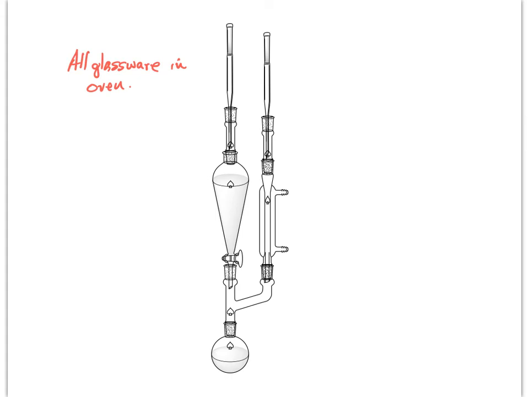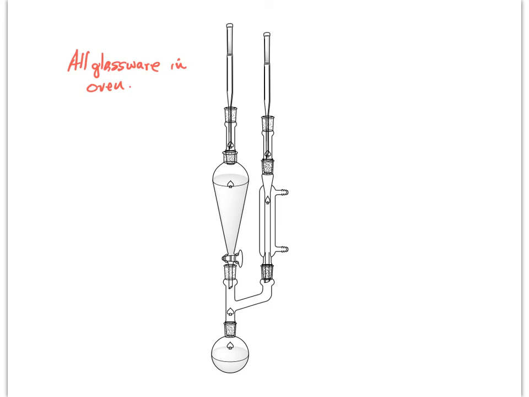Don't pick up a graduated cylinder. Glass has a very polar surface, and just the water in the air will hydrogen bond to the surface of glass. So there's always a significant amount of water just on the surface of anything glass. We have to keep it in the oven to drive that water off so that we can do this.